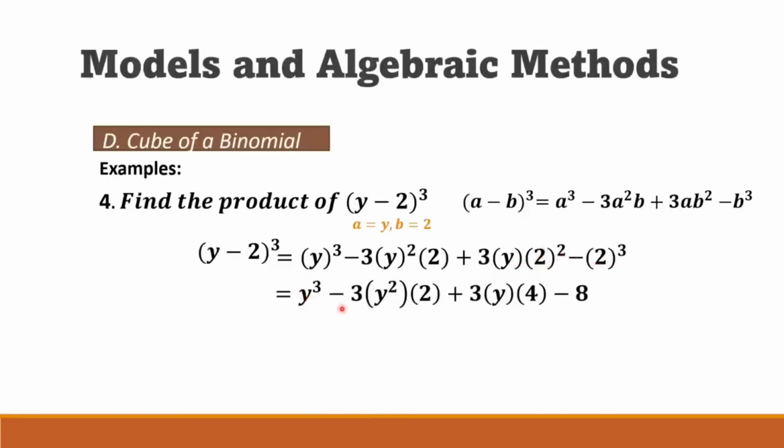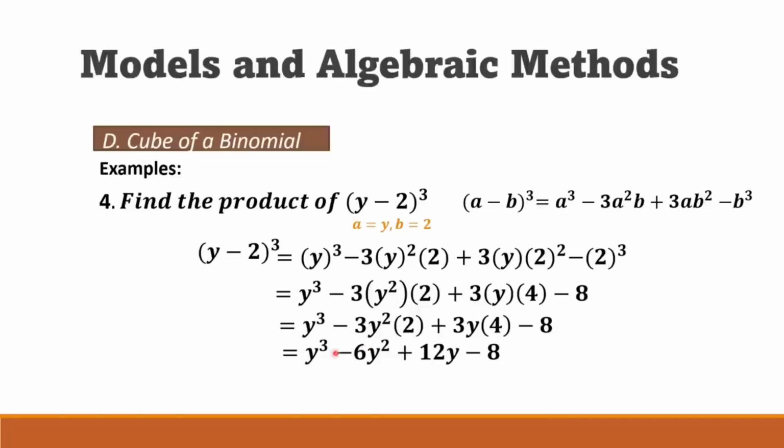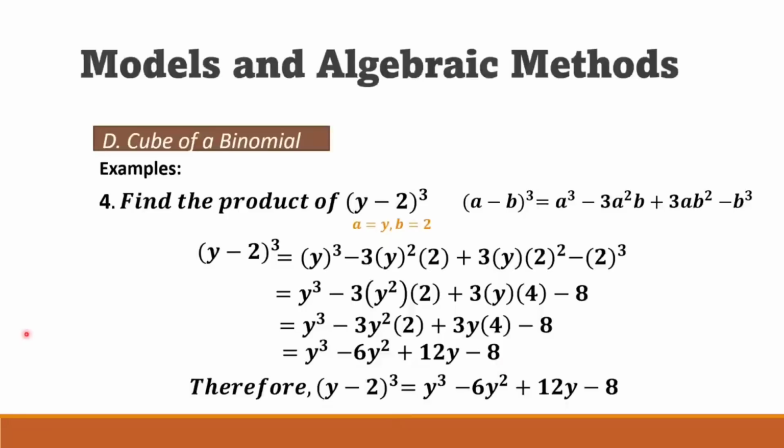Then we have y cubed minus 3y squared times 2 plus 3y times 4 minus 8. The final answer is y cubed minus 6y squared plus 12y minus 8. Therefore, (y minus 2) cubed is equal to y cubed minus 6y squared plus 12y minus 8.